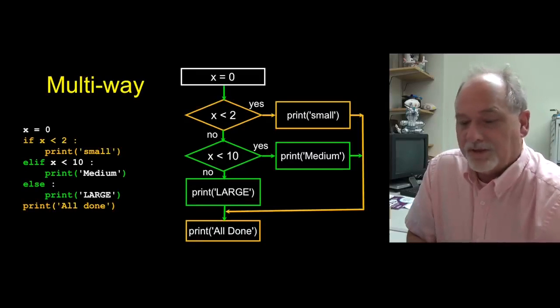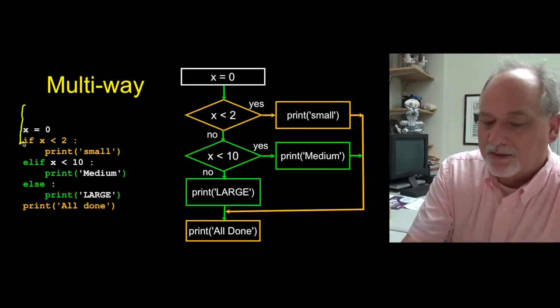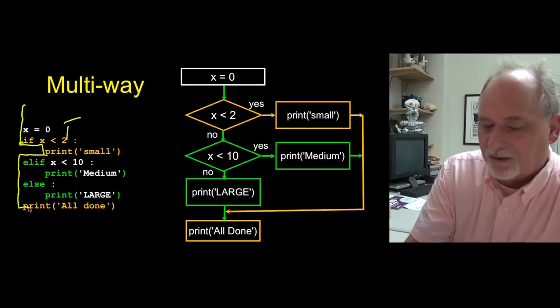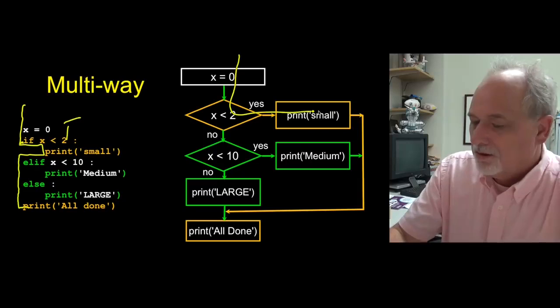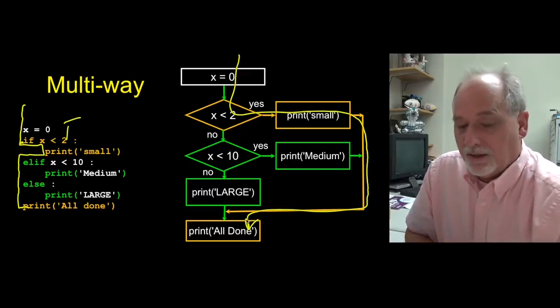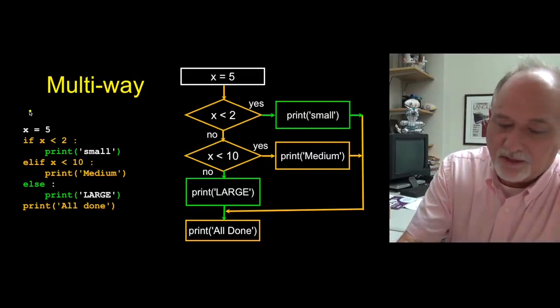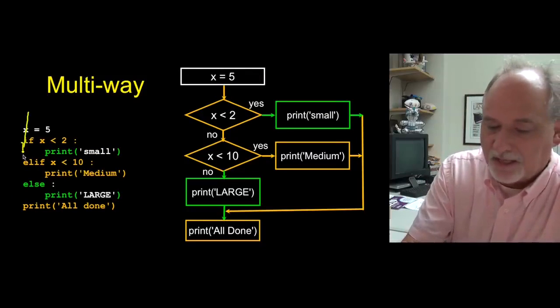So here are some examples of this. If we have x equals 0, it's going to come down here, x is less than the first value, that's true, so it runs this code, and then it skips down to the end. On the other hand, if it's 5, then this is false, and it skips that, and it checks this is true, it runs this code, and then it's done, skips to the end.